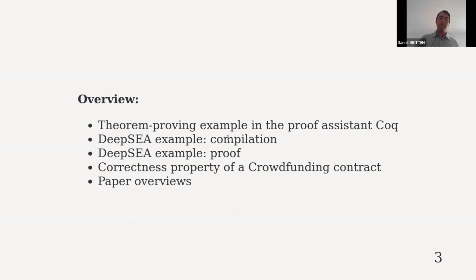Then I'll talk about a proof via example of a simpler proof that we can all follow in DeepSEA. Then I'll discuss the correctness property of a crowdfunding contract, which has appeared in some papers that I have written. And lastly, I'll give a few paper overviews if people are interested in reading further in this area.